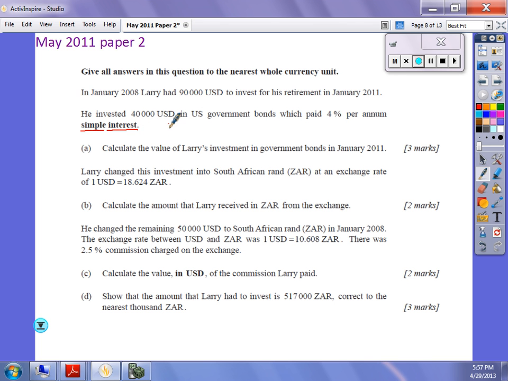Well, we know that the calculation for simple interest is principal times rate times time. Now, I think in your IB formula sheet they have rate times time divided by 100, so make sure that you don't mess up the decimals. We're going to do interest is equal to his $40,000 investment times a rate of 0.04, which is 4 divided by 100, so that's taking into account the 100 in the IB formula sheet, times time.